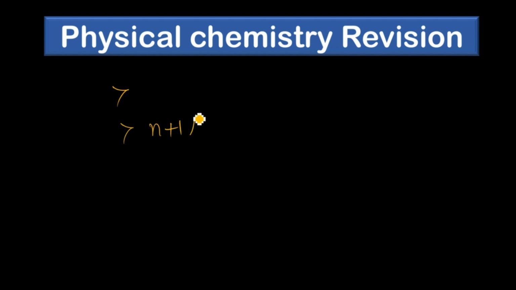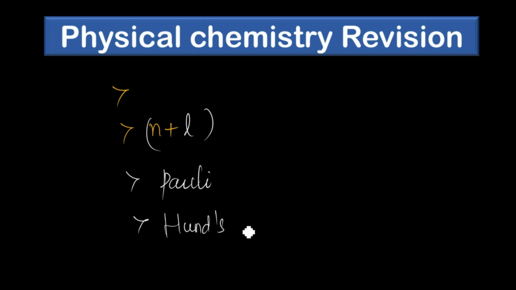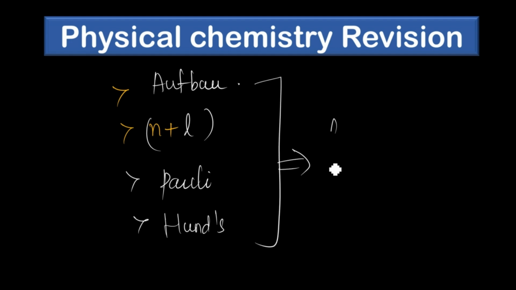The next rule is Pauli's exclusion principle, which states that no 2 electrons in an atom can have the same values of all 4 quantum numbers. Then Hund's rule of maximum multiplicity. You have seen this enough in the coordination chapter, isn't it? It states that electrons are distributed among the orbitals of the subshell in a way to give the maximum number of unpaired electrons with parallel spin. These 4 are the rules for filling of electrons.